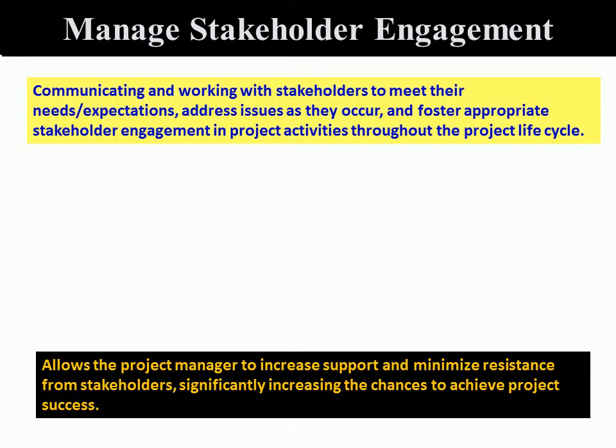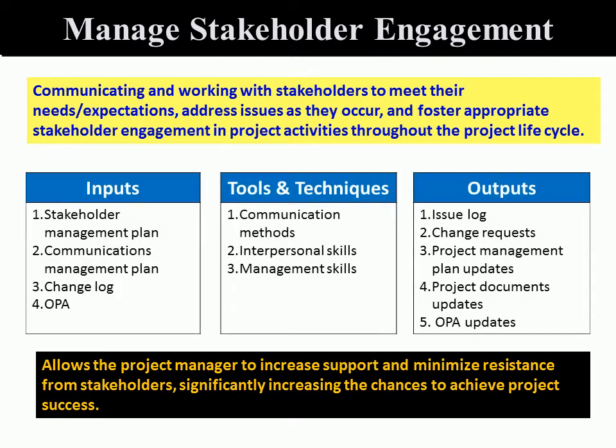So having completed your plan, to manage here in this context means that you are using the plan that was developed and you are executing that plan. So to execute the plan means if the plan says that we are going to meet with the stakeholder twice a week, we start meeting twice a week. If the plan says we have to take this stakeholder out for lunch and have a business lunch meeting, that's what we're going to do.